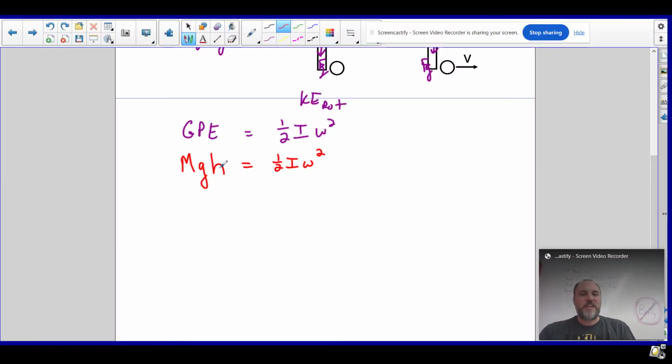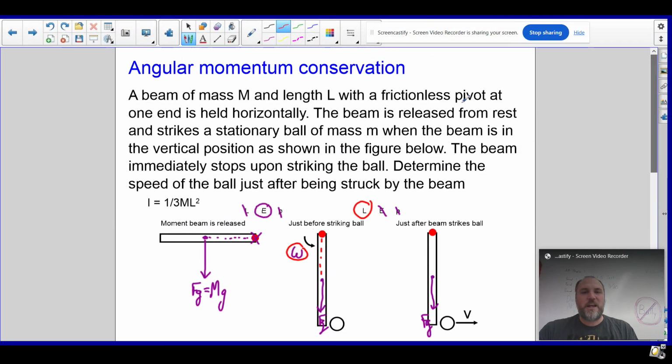Now, this H is illegal, and so is omega, because they weren't defined in the problem. They don't represent numbers the way that M, L, and little m do. So all of my answers need to be written in terms of big M, big L, little m, or g, or any other constants like that.